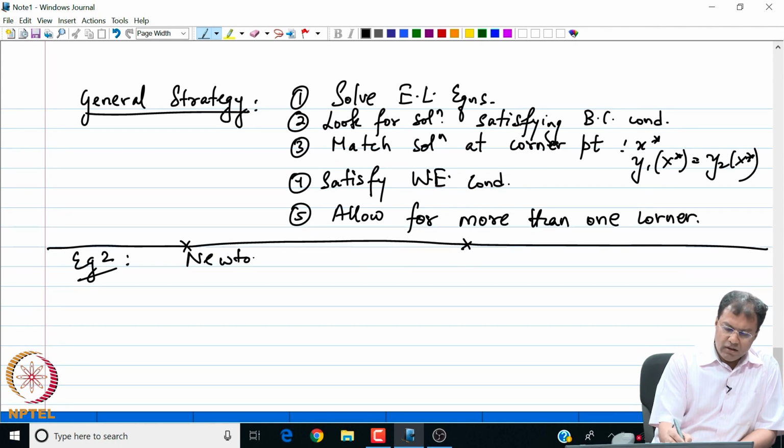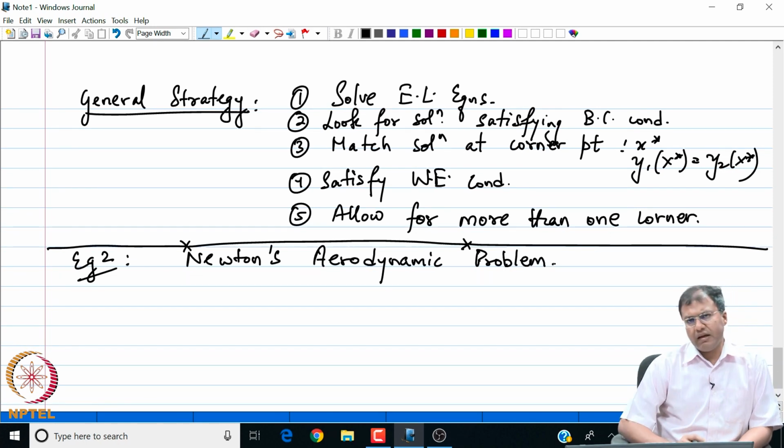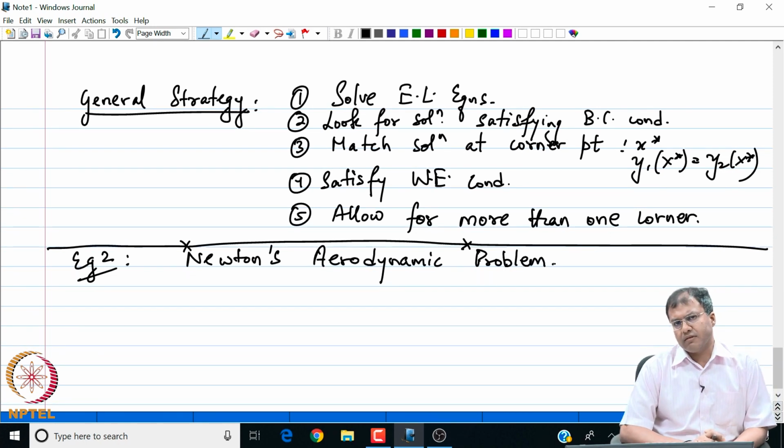The example I want to discuss is regarding Newton's aerodynamic problem. So what exactly is this problem? Physically, we have seen when we drive cars that they are designed in such a way that almost 90% of the design has the front shape of the car all slanted.